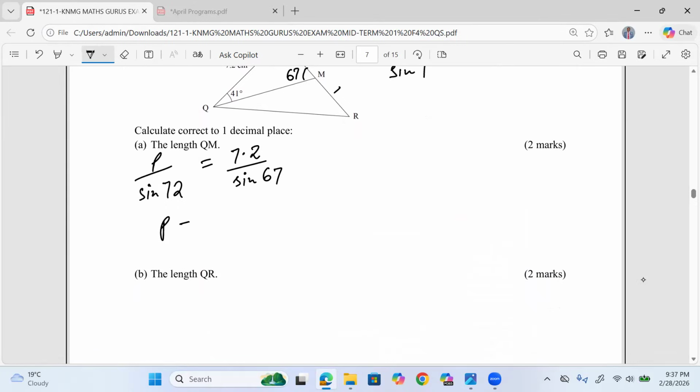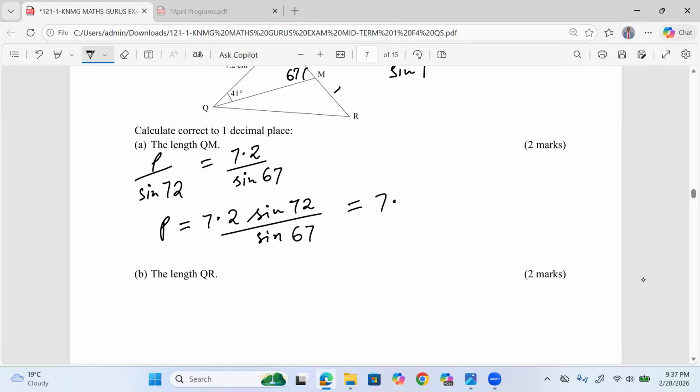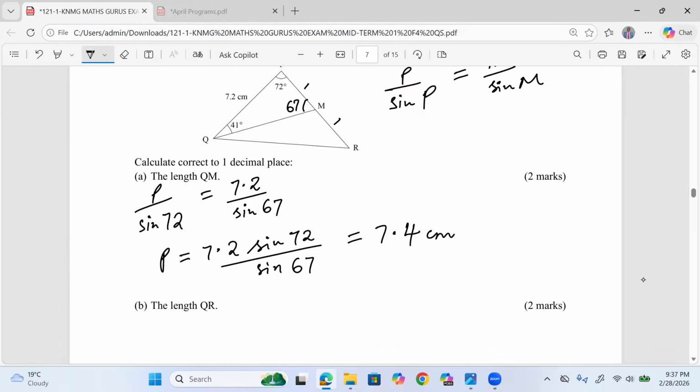So to remain with p, it should be 7.2 sine 72 out of the sine of 67. I've cross multiplied by sine 72 both sides. So 7.2 sine 72 divided by the sine of 67. I'm getting 7.438, which to 1 dp is 7.4. So the length is sorted, 7.4.